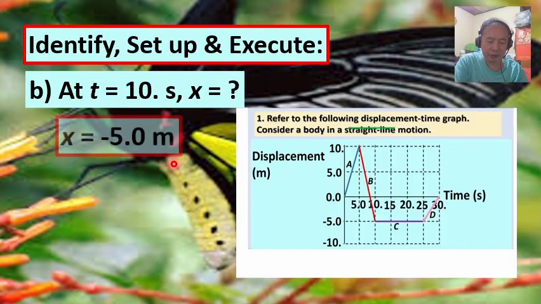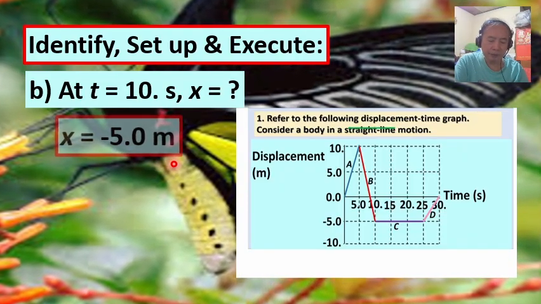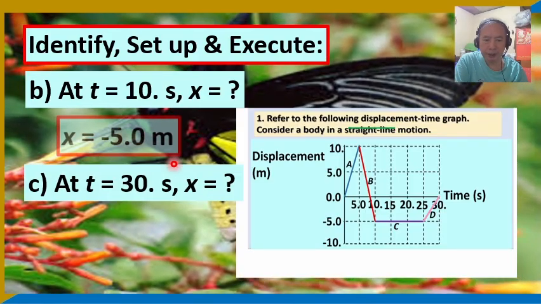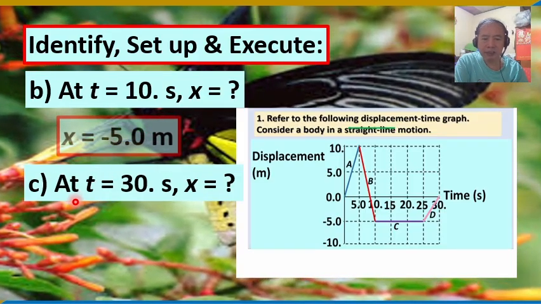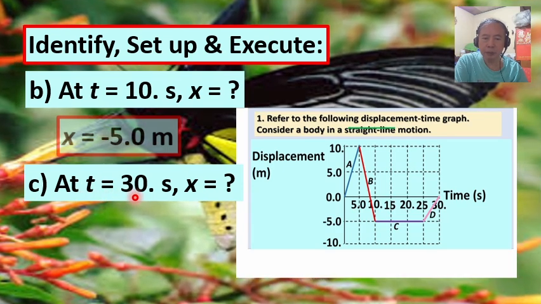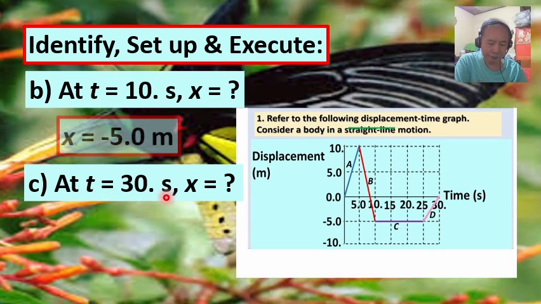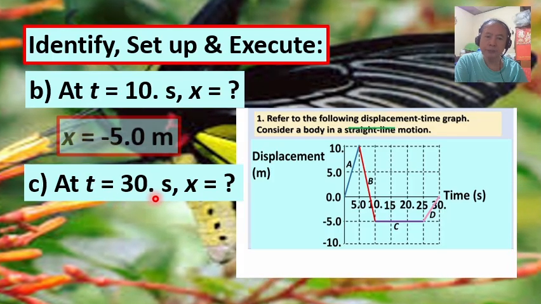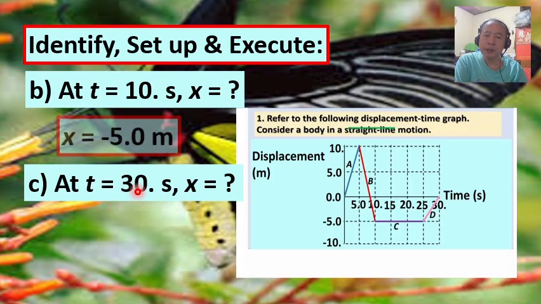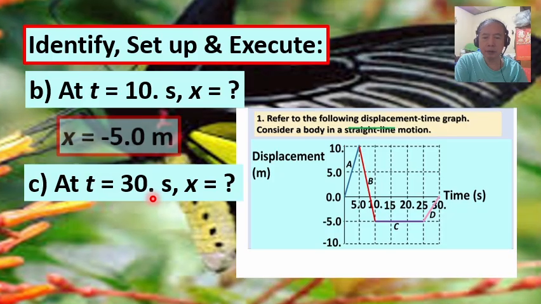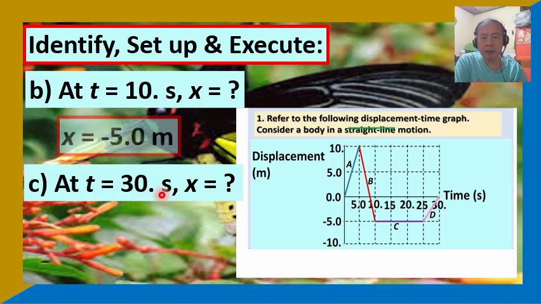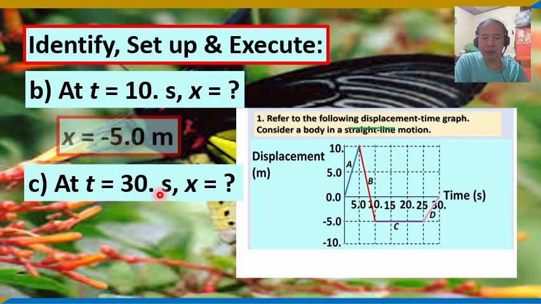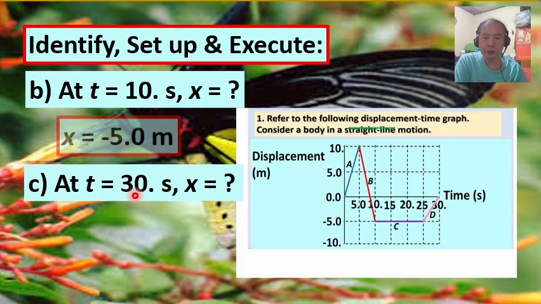And our next, final example is when the time t is equal to 30 point seconds. By the way, 30 point seconds simply means that the value of the time t has two significant figures, right?